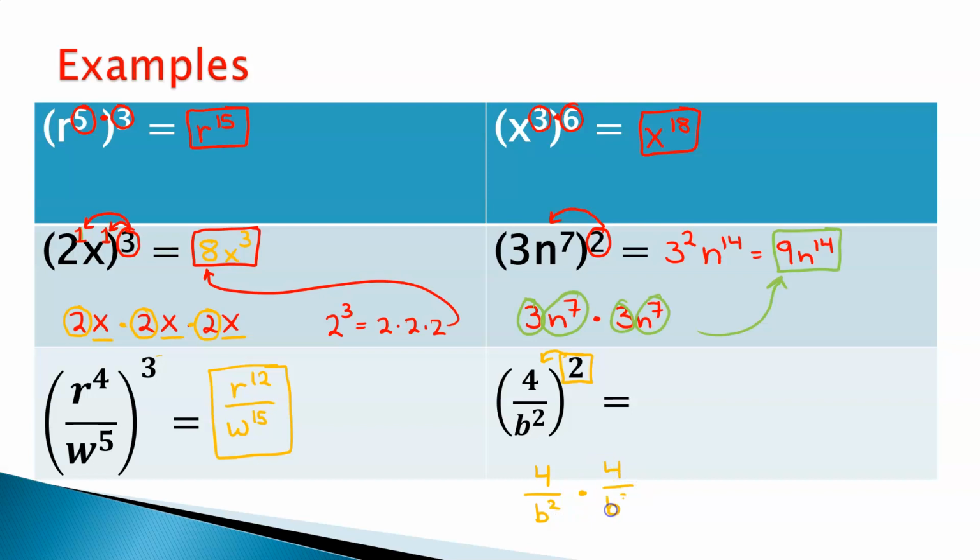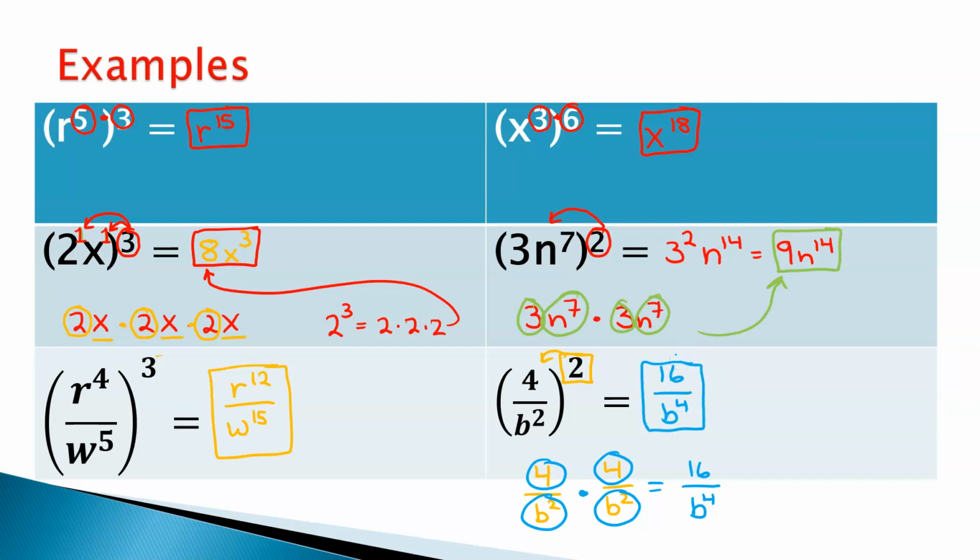If we remember how to multiply fractions, we simply multiply across the top and across the denominator. 4 times 4 gives us 16. B to the second times b to the second, with the same base, we add those exponents, and we get b to the fourth power. This would turn into 16 over b to the fourth power.